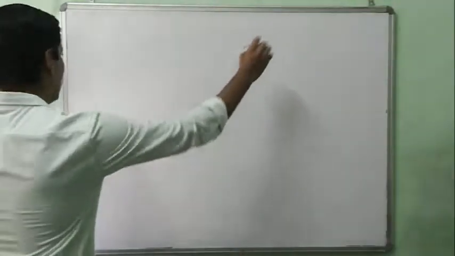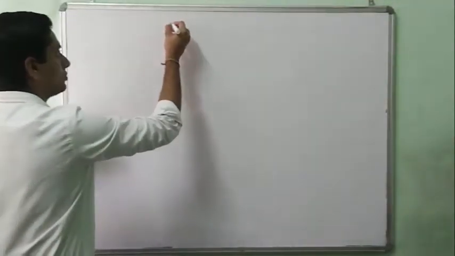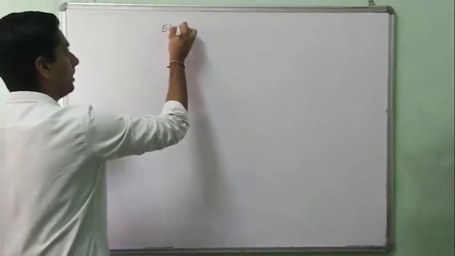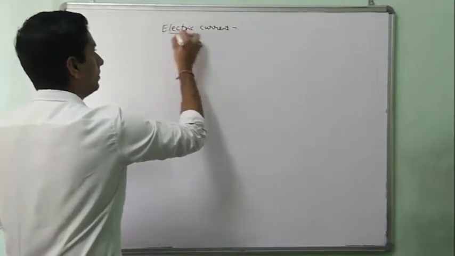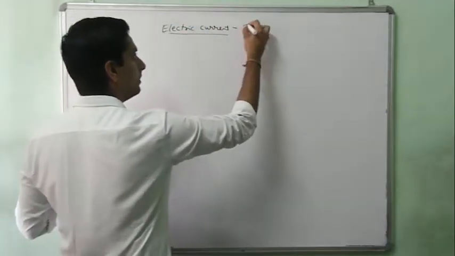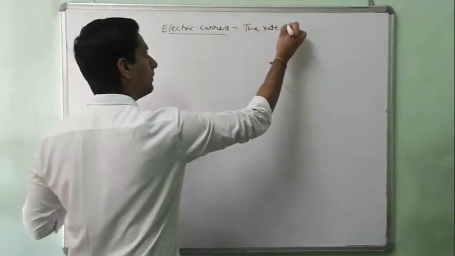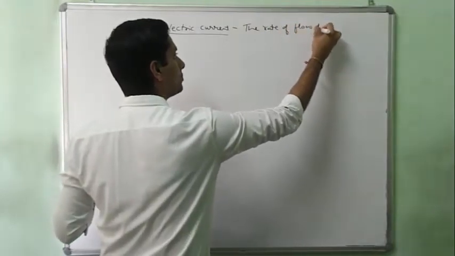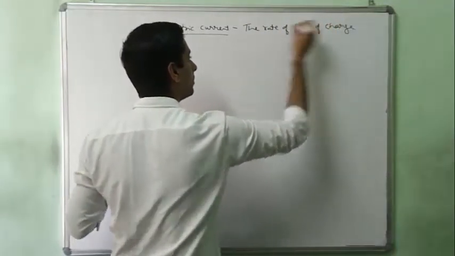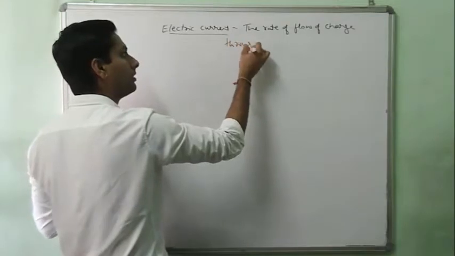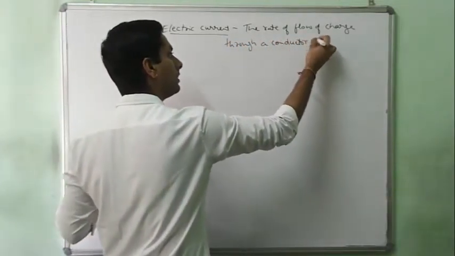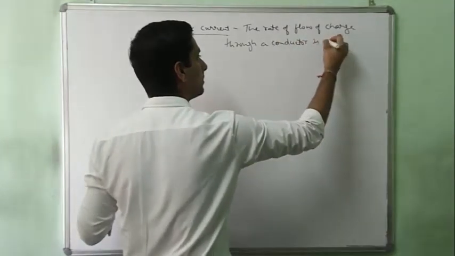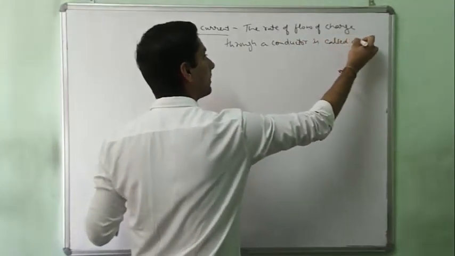Now, we have learned about charge. Now we are reading electric current. The rate of flow of charge through a conductor is called electric current.